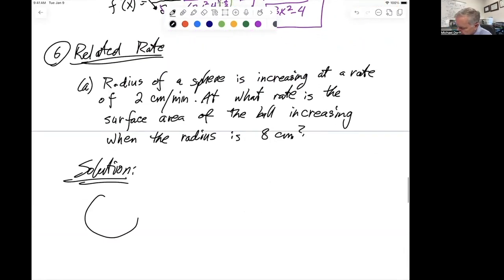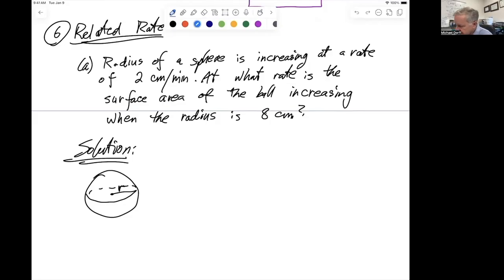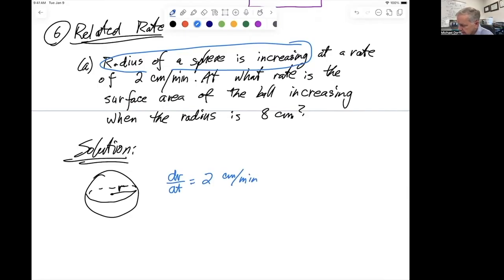So I have a ball, a sphere. We're given that the radius is increasing. So if something is increasing with time, that's going to be a dr/dt in this case, and that's going to be 2 centimeters per minute. All right.